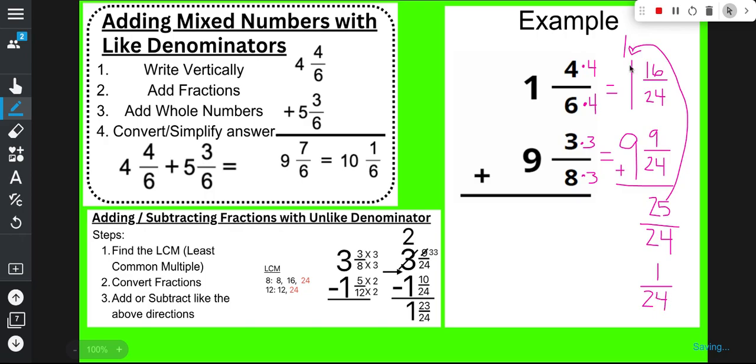And now I add. 1 plus 1 plus 9 is 11. So my answer would be 11 and 1/24. But I could not just add these fractions together because they had a different denominator. We have to come up with a common denominator before we can add them.